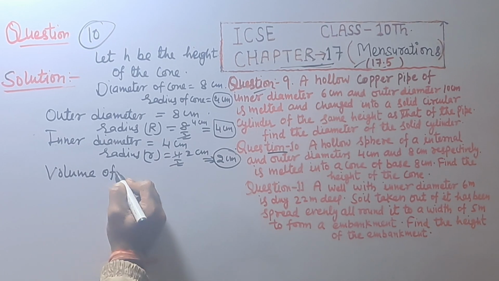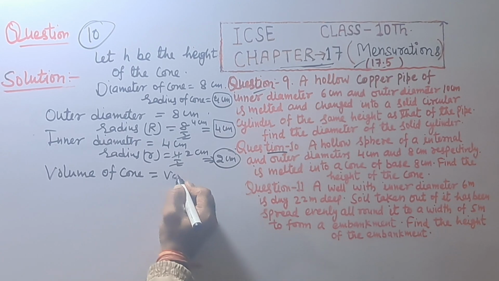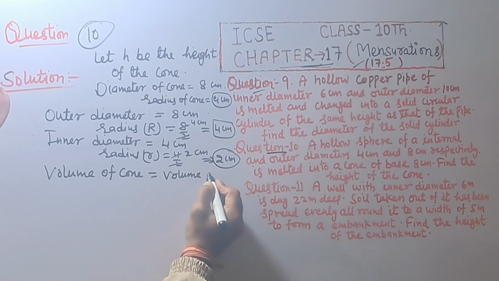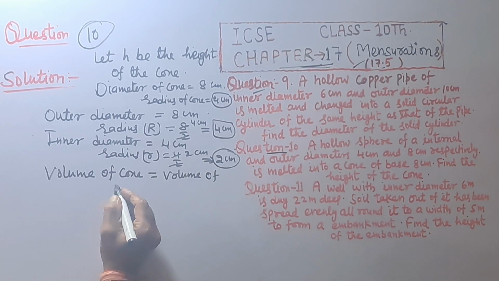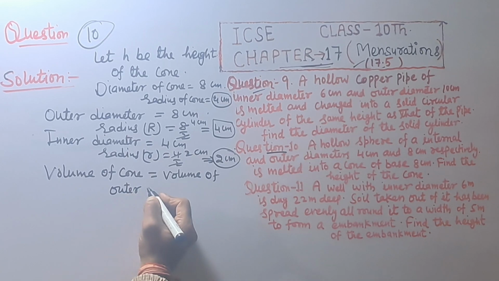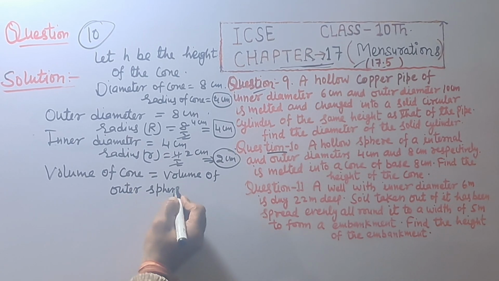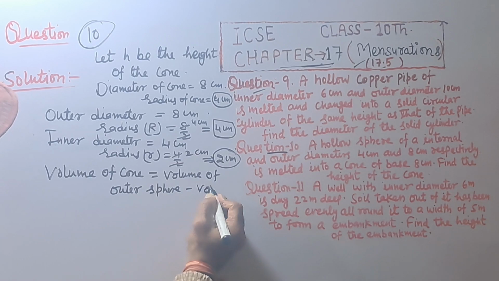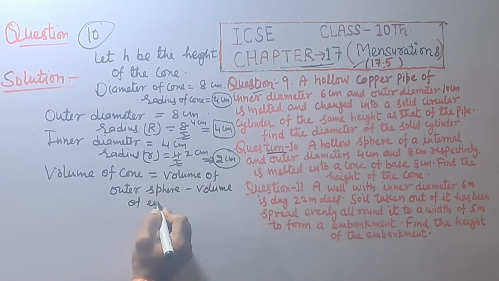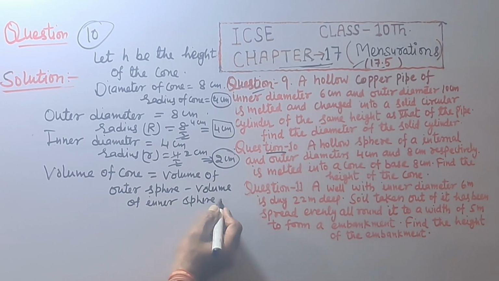Volume of cone is equal to volume of outer sphere minus volume of inner sphere.